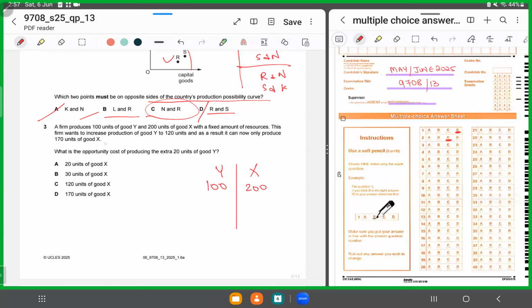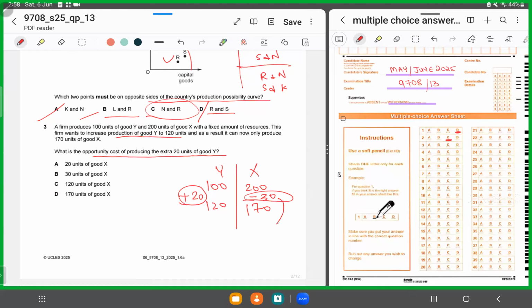Now, the firm wants to increase production of good Y to 120 units and as a result, it can now only produce 170 units of good X. So now, in order to produce 20 more units of good Y, it had to sacrifice 30 units of good X. The question is asking what's the opportunity cost of the extra 20 units?